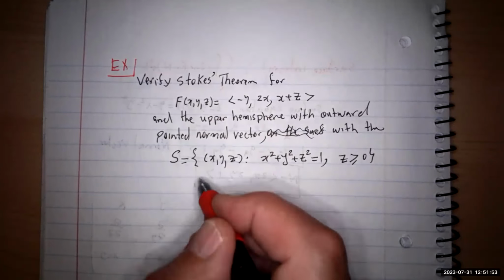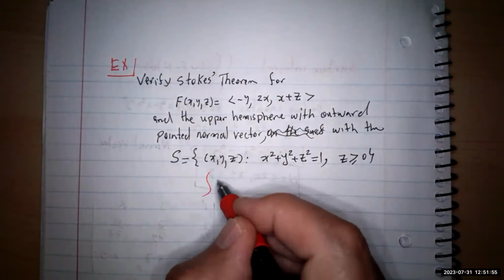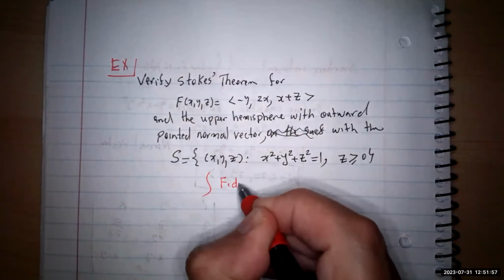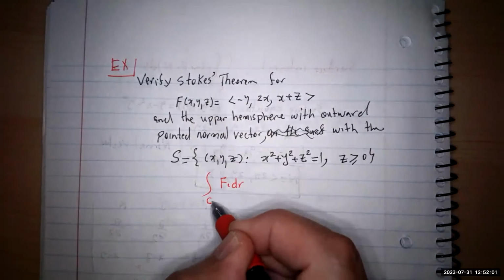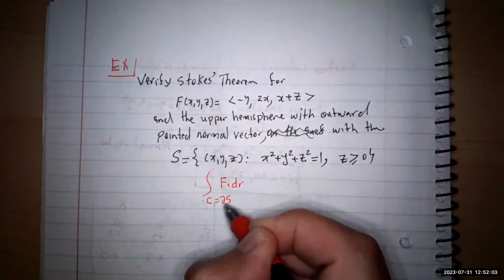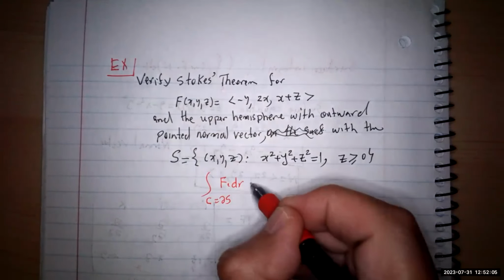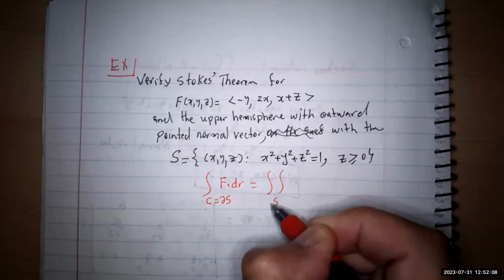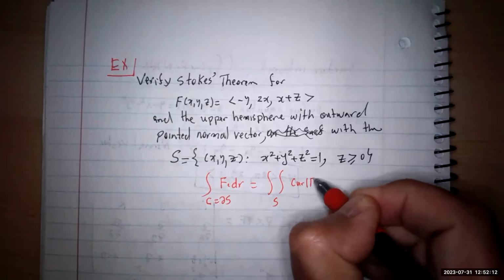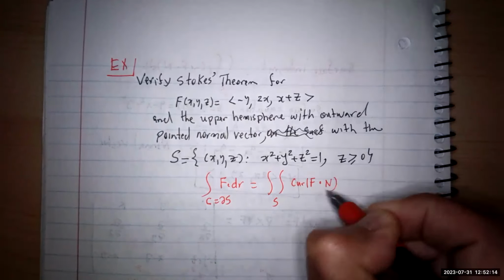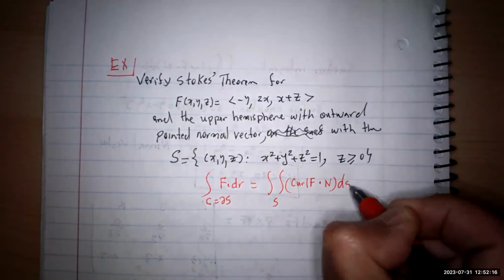So what do you want to verify? We want to verify that the line integral of f dot dr over the curve C, which is the boundary of the sphere, is equal to the surface integral over the sphere of the curl of f dot n dS.